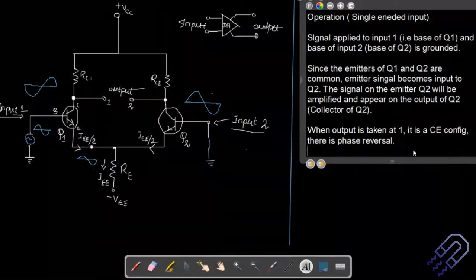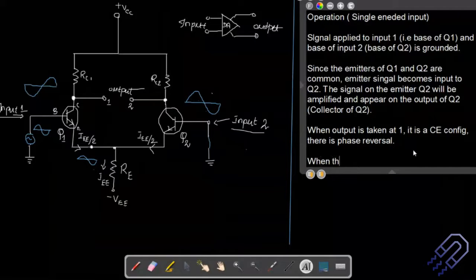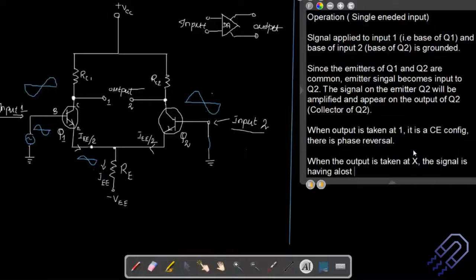On the other hand, when the output is at 2, or we can take it in a separate way, let's say when the output is taken at x, the signal is having almost the same amplitude.